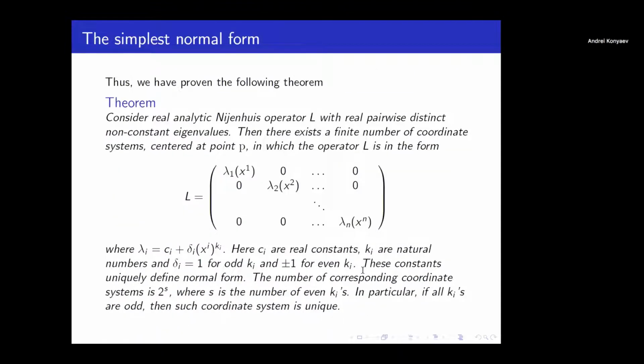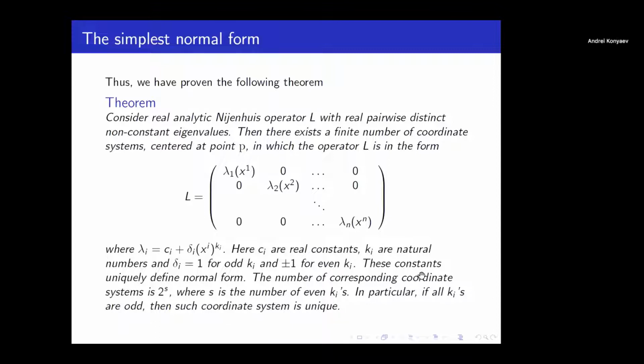Now, if you have this normal form, this normal form is unique. But the canonical coordinate system is not unique. There are a finite number of coordinate systems like this. Basically you need to look at all your k_i and pick the ones that are even.